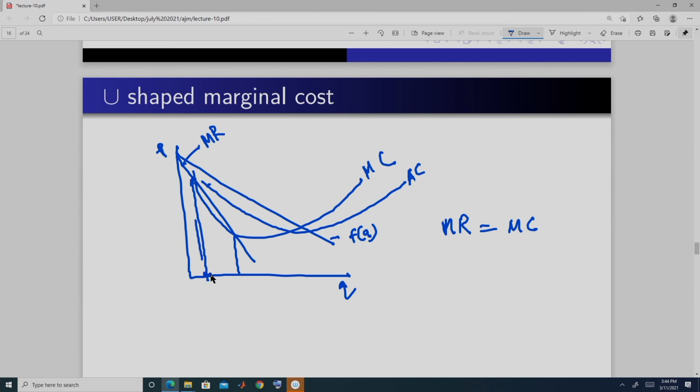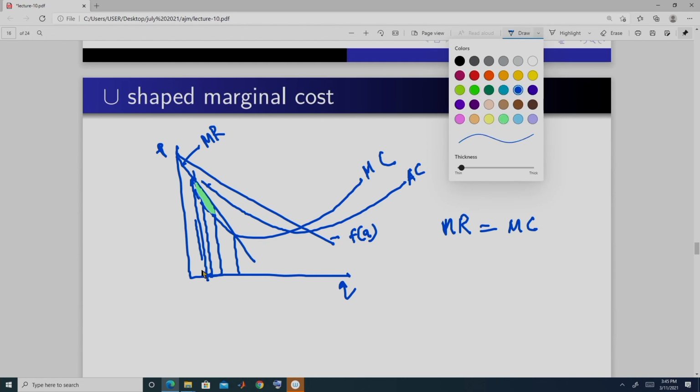If it increases further this much, so this much is the additional surplus it gets. If it produces this much, then additional cost is this region below the marginal cost and additional revenue is this region below the marginal revenue. So, this portion is the additional surplus.